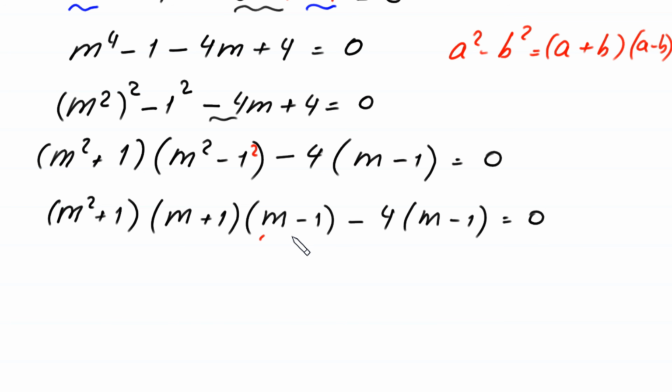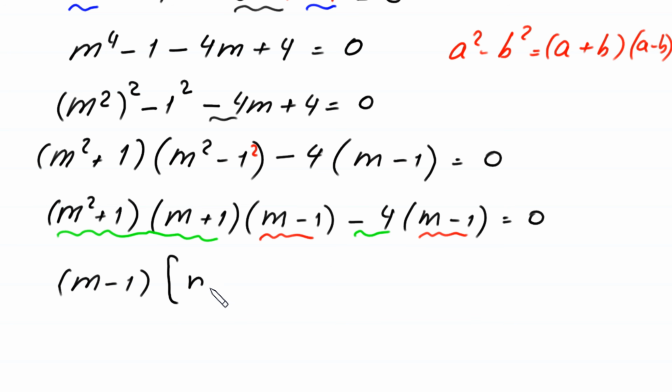Now this expression m - 1 is a common factor. So we factor out this m - 1, and in bracket left (m^2 + 1)(m + 1) and this negative 4, in bracket left (m^2 + 1)(m + 1) - 4 is equal to 0.